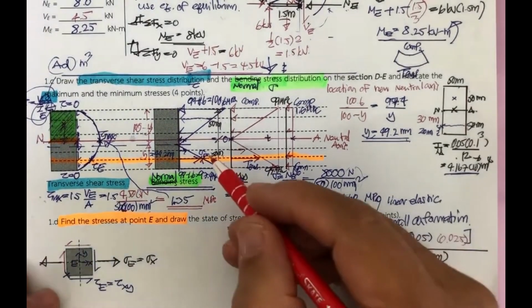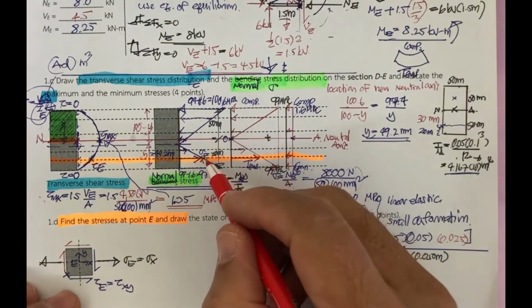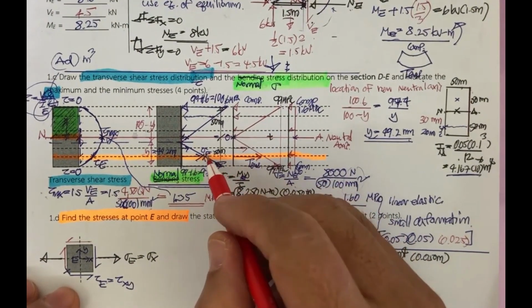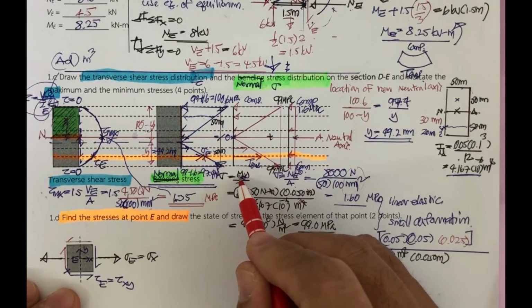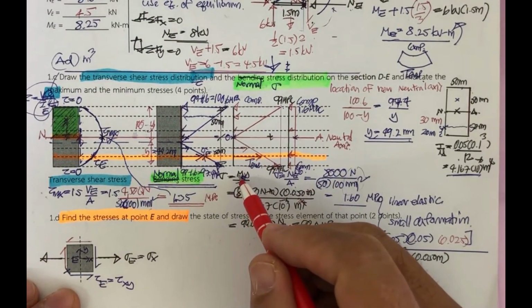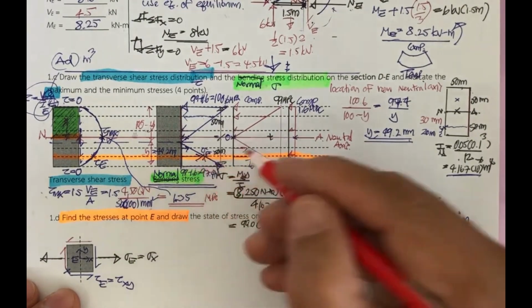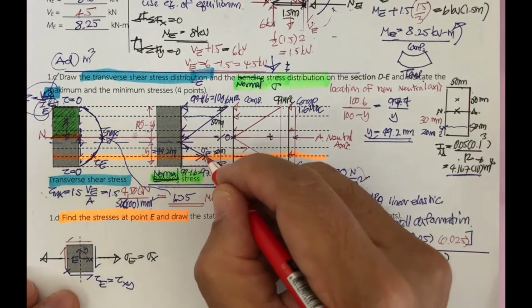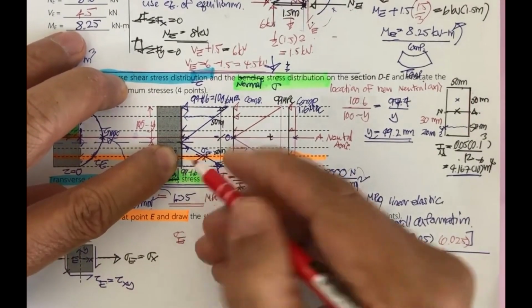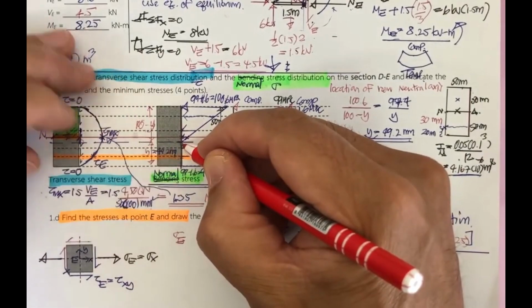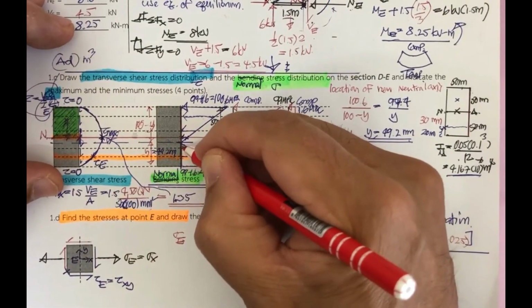Okay, by doing this, you can compute sigma sub e in two ways. One, go back and use this equation. Or another one, you use similar triangles. By using similar triangles, this is sigma sub e. You may have this is sigma sub e, and the distance you have here is what?